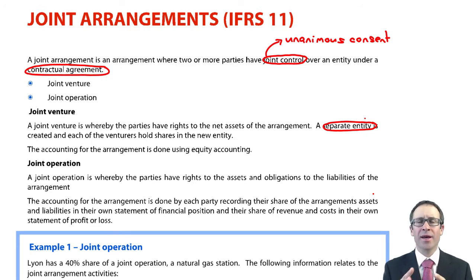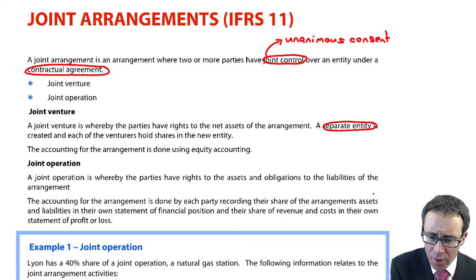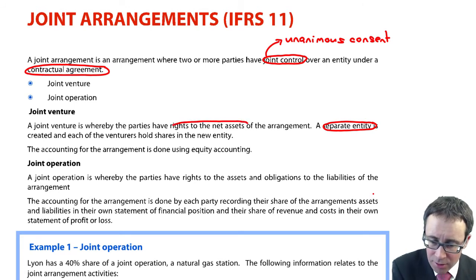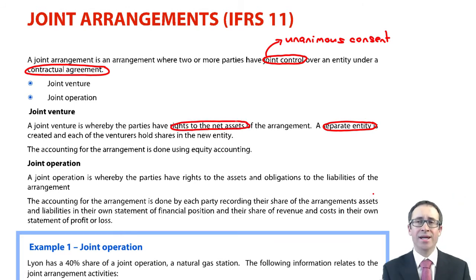The key to spotting a joint venture is that a separate entity is set up, and you have the rights to the net assets. Essentially, you have an ownership interest with regards to shares, and that ownership represents the net assets. But the key bit about a joint venture is that you form a separate entity.